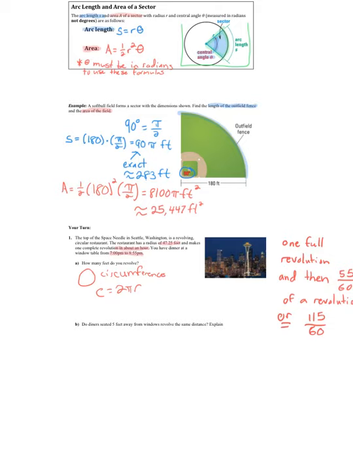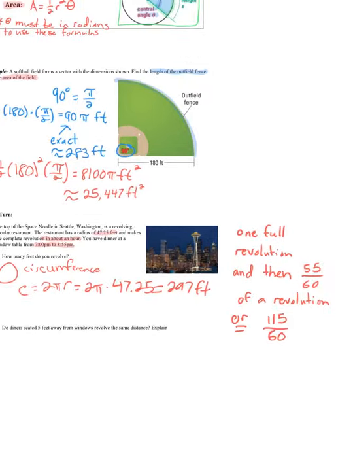So if we wanted to find one full revolution, we can just say 2 pi times 47.25. And it turns out that we've gone approximately 297 feet in one full revolution. Now, the second revolution, though, we haven't taken into account yet. What I said over here is there's one full revolution and then 55/60ths of a revolution, because there's 60 minutes in an hour, and we're rotating for 55 of those 60 minutes.